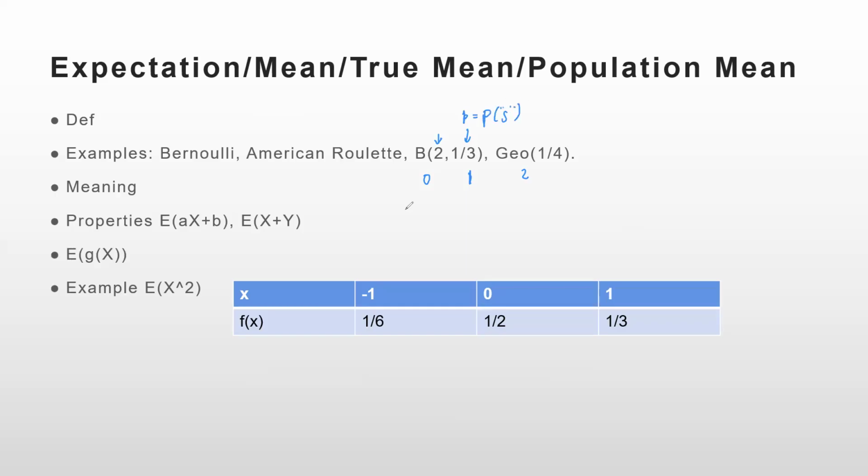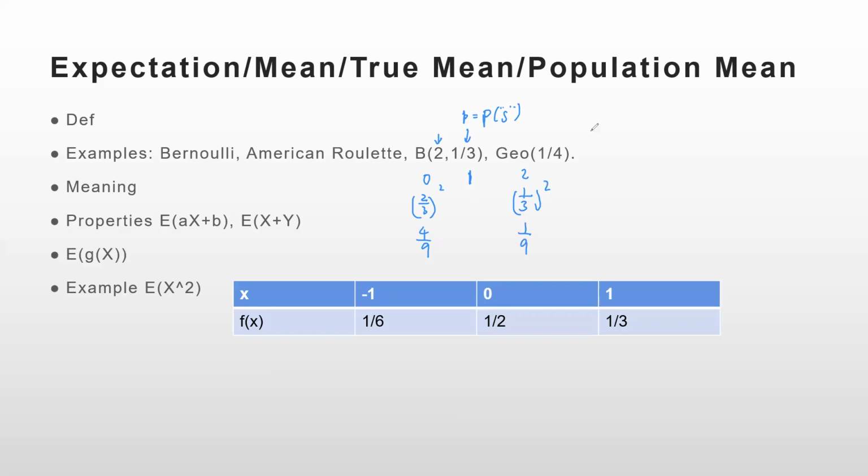S is a success, not the sample space. Zero successes means two failures, so you have (2/3) squared, that's 4/9. Two successes is (1/3) squared, that's 1/9.